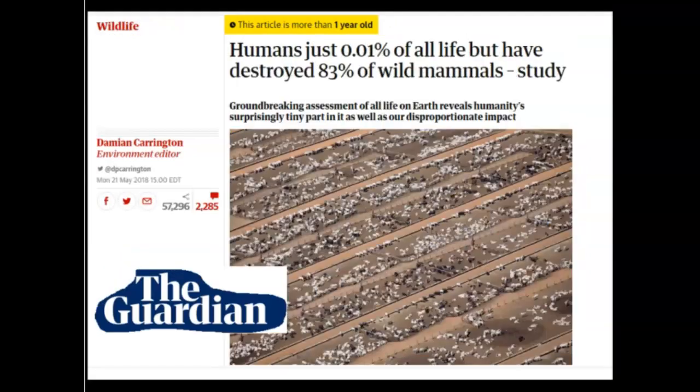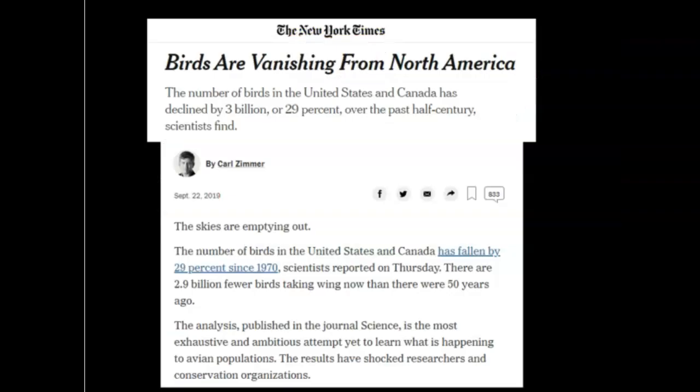Here's another example of some news of late as we've gotten more statistics on biodiversity loss, and that is pointing out that we've wiped out 83% of wild mammals on the planet. So just looking at mammals, we're down to like 17% of what used to be on the planet in terms of mammal populations.